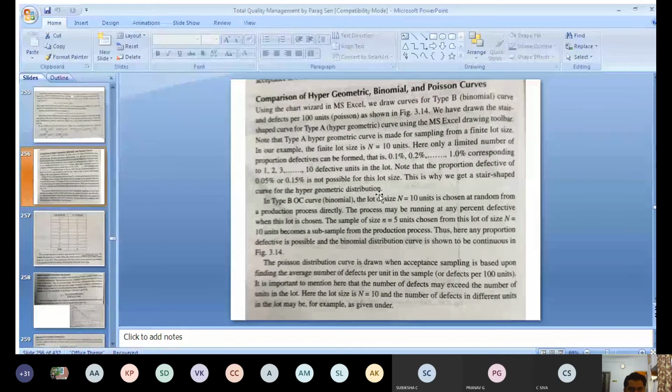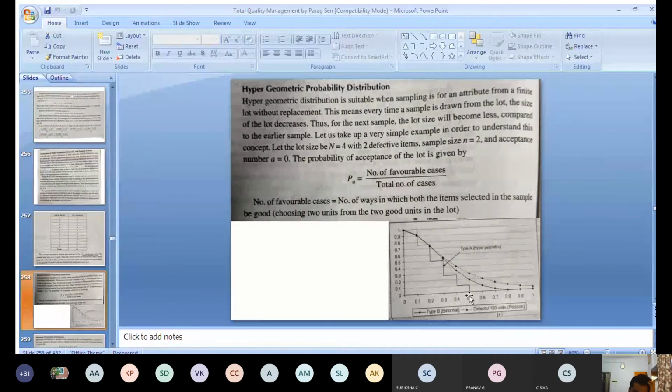So that's why those values are not possible, and hence you will get a stair-shaped curve. For example, if your proportion defective is 0.5, then your probability of acceptance is 0.1. That means if your proportion defective is 50%, then the probability of acceptance will be 10%.